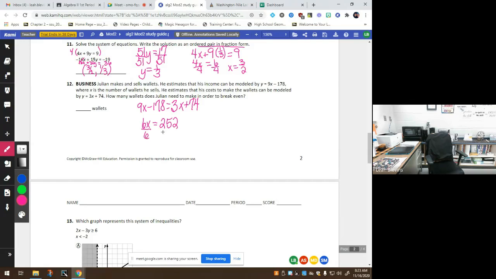So divide both sides by 6, and x equals, 6 goes into 25 4 times. So I have 1 left over. 6 goes into 12 twice. 42. So 42 wallets. That is correct, according to my work that I did earlier.